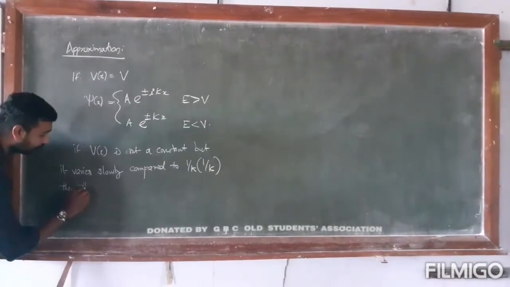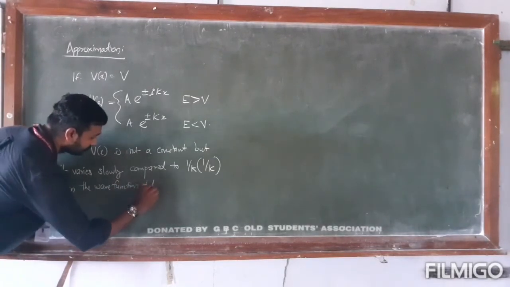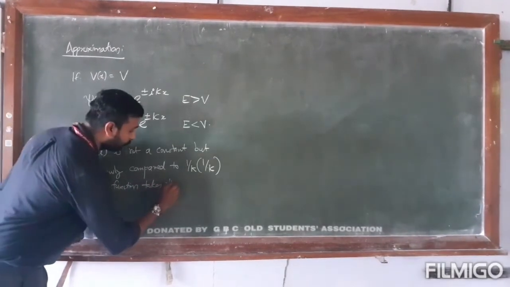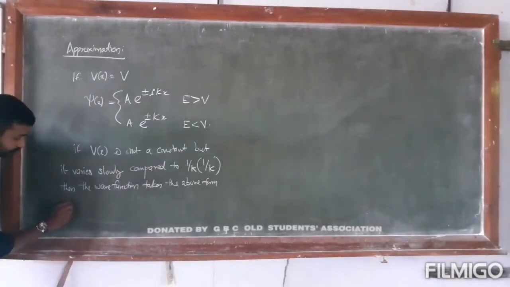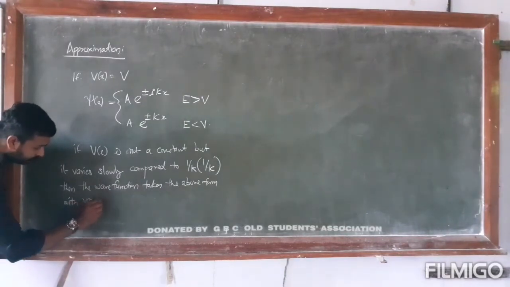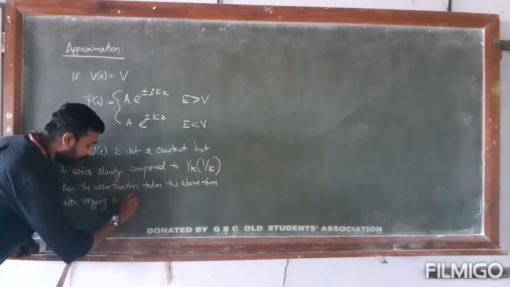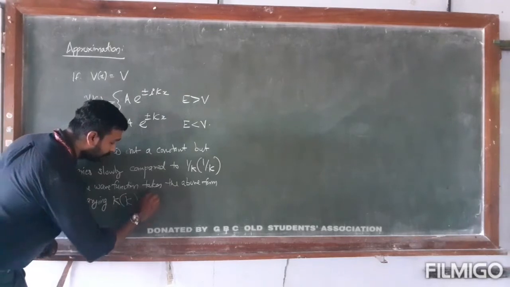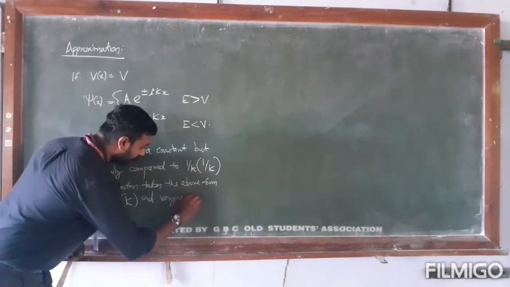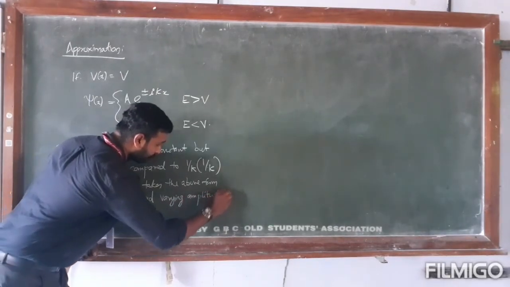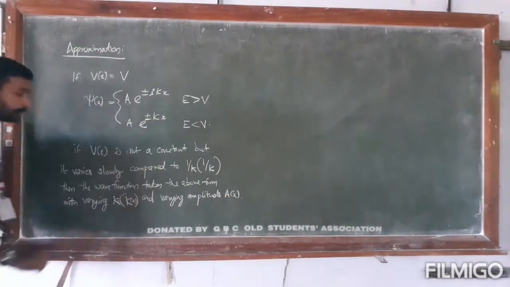Then the wave function takes the above form with varying k or varying kappa and varying amplitude. So A would become a function of x, and k and kappa become functions of x.